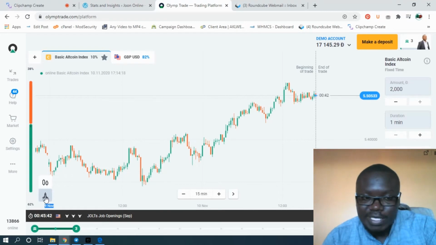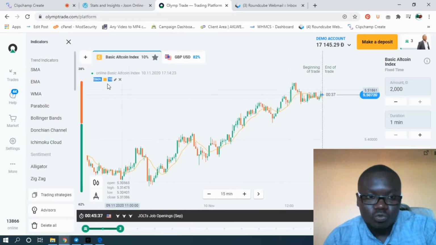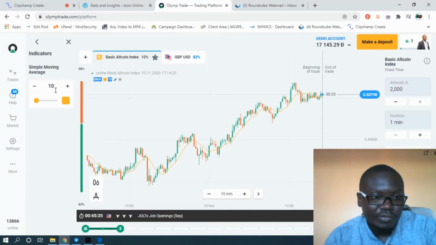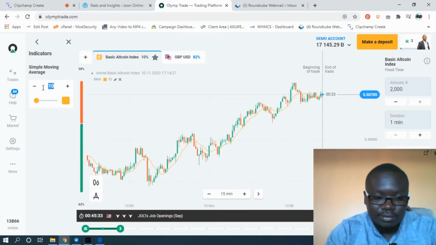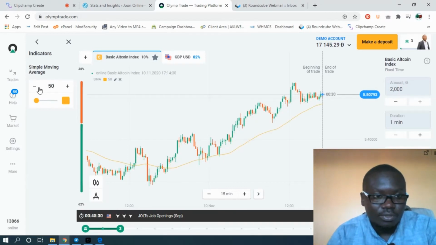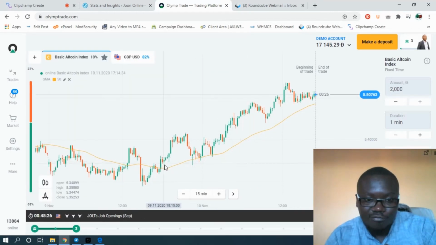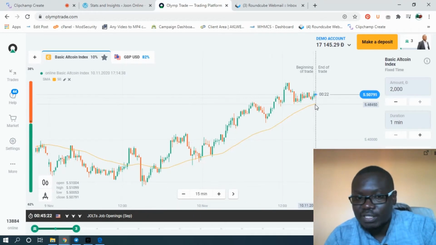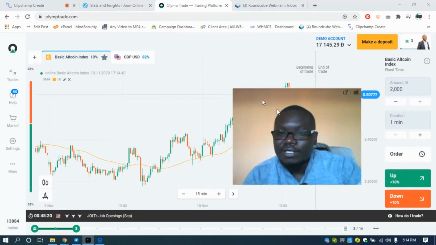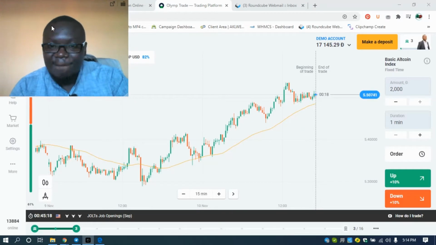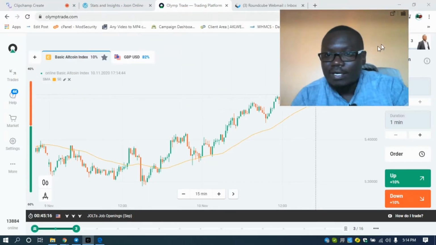For example, you can use the SMA 50. From this level here, you can already tell that the SMA 50 is pointing upwards, which means that the market is on an uptrend.